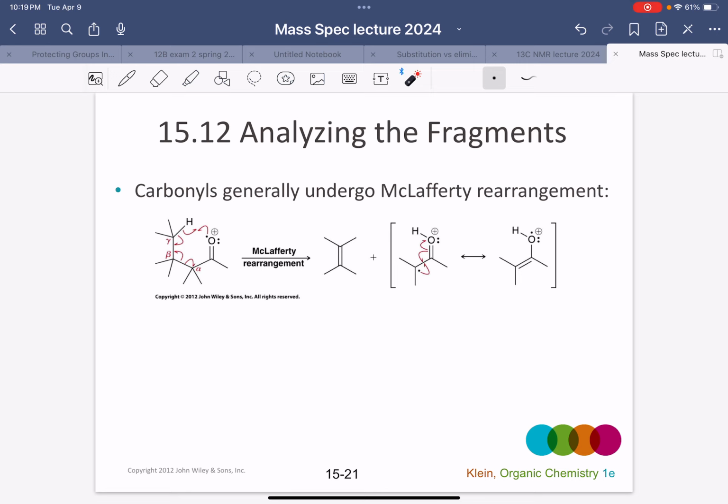Carbonyls will undergo a rearrangement to give a more stable ion. In this case, this is an enol ion, and then also an alkene, which is not detected, but this guy would be detected. We call this a McLafferty rearrangement.